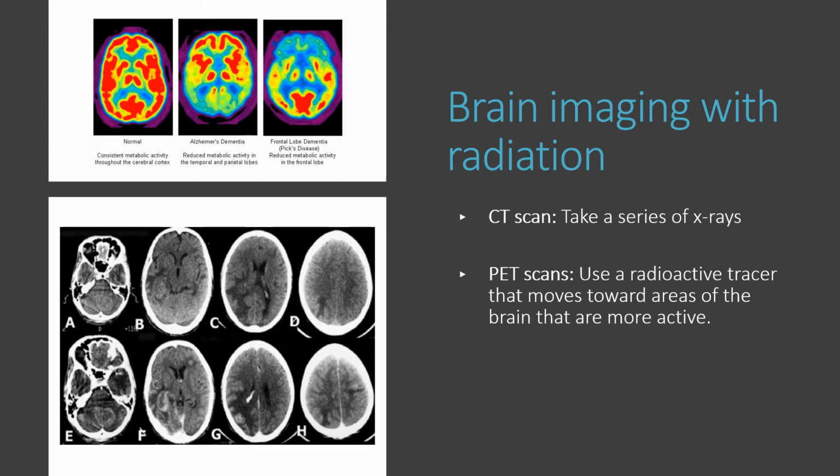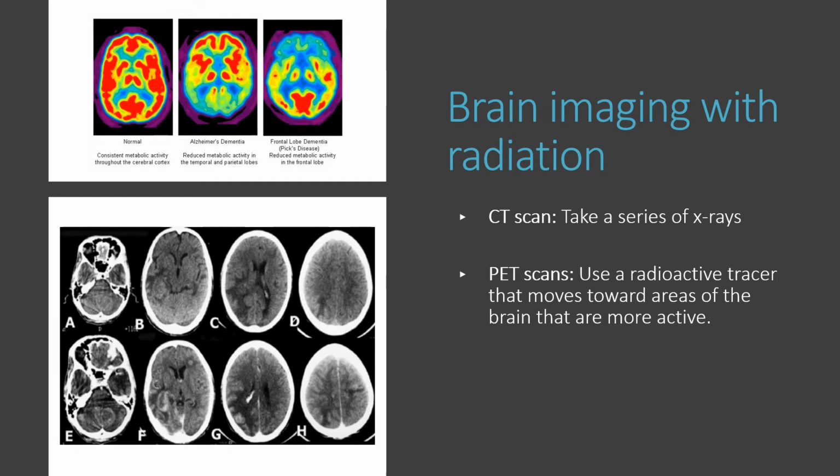Some of the commonly used material in this type of imaging could include oxygen, fluorine, carbon, and nitrogen. When this material gets into the bloodstream, it goes to areas of the brain that use it. So oxygen and glucose accumulate in brain areas that are metabolically active.